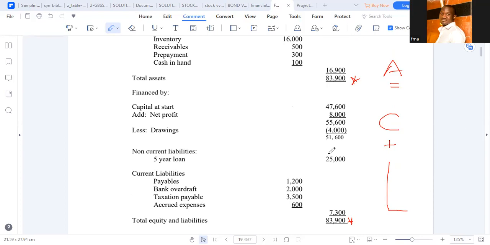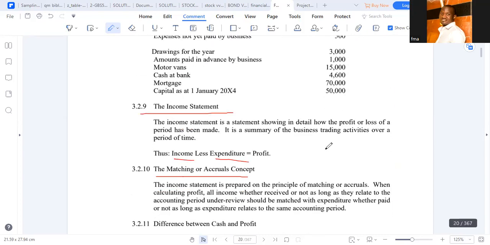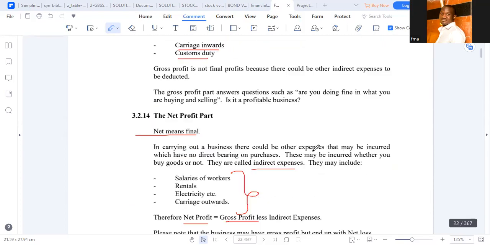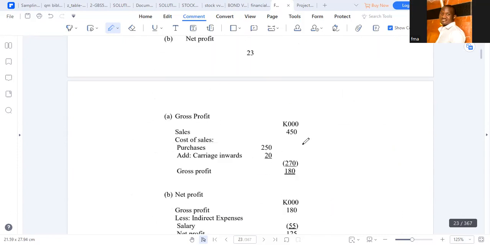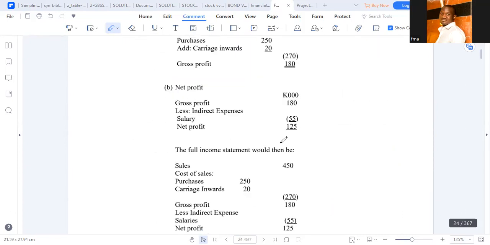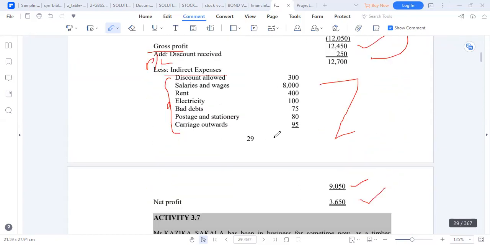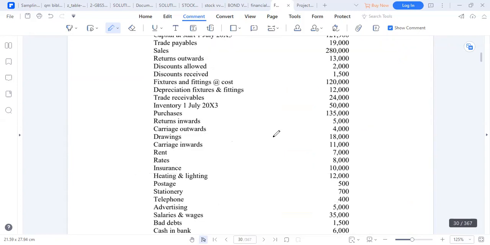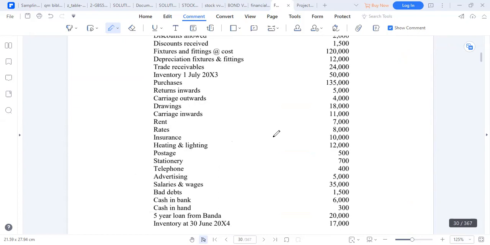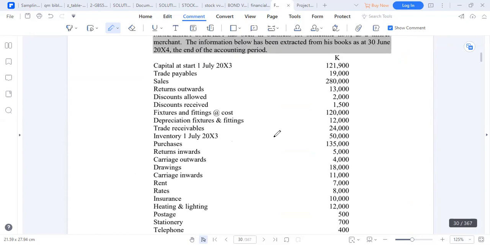Now, we'll quickly go to the homework that we had, which has both elements of the balance sheet and elements of the income statement. So before we go to solving it, I want you to help me identify which elements go to the balance sheet, which elements go to the income statement.